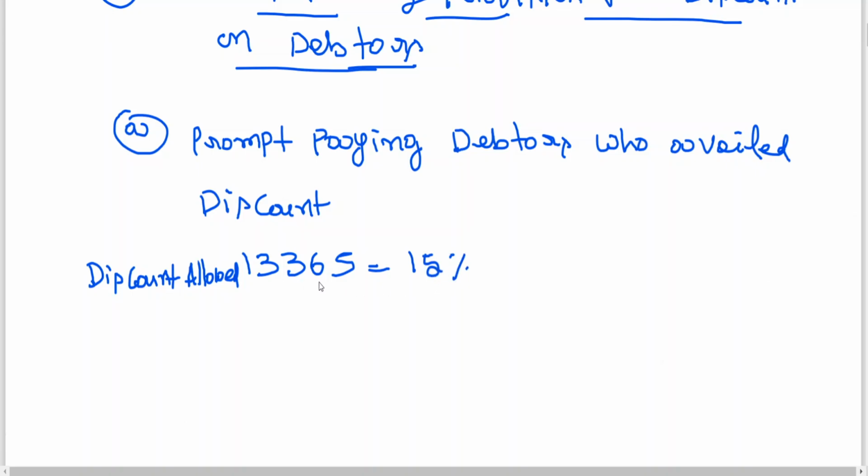So 13,365 is 15%. 100% is how much? That means the 15% discount you have given is 13,365. So 100% is the amount received.